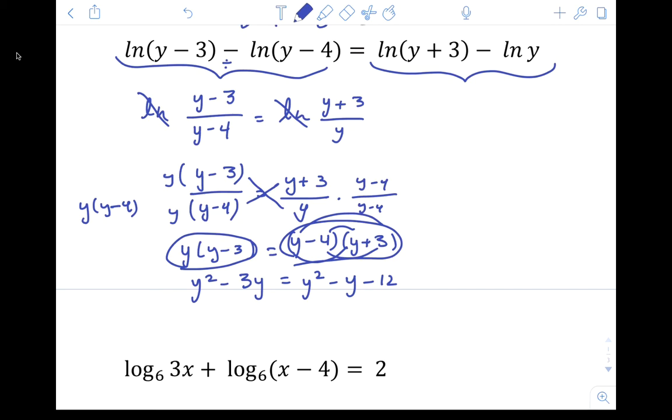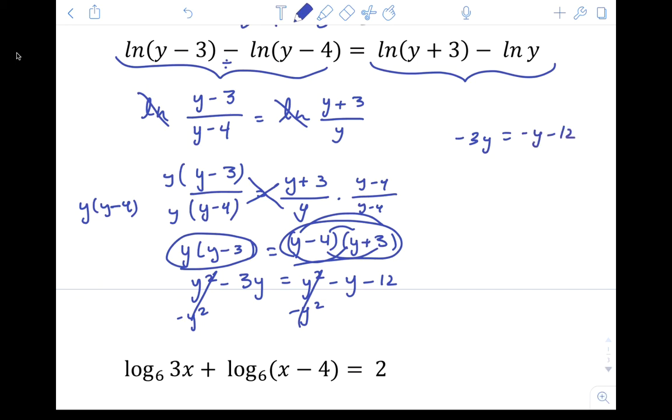I need to get my y squareds together. It looks like, because I've got y squared and y, that I'm going to start to FOIL, or factor, excuse me. So I need to start getting things together. Now what ends up happening on this one is that as soon as you start moving things around, oh look at that, y squared's gone. So I need some more space, so I'm going to go up here. So we've got negative 3y equals negative y minus 12.